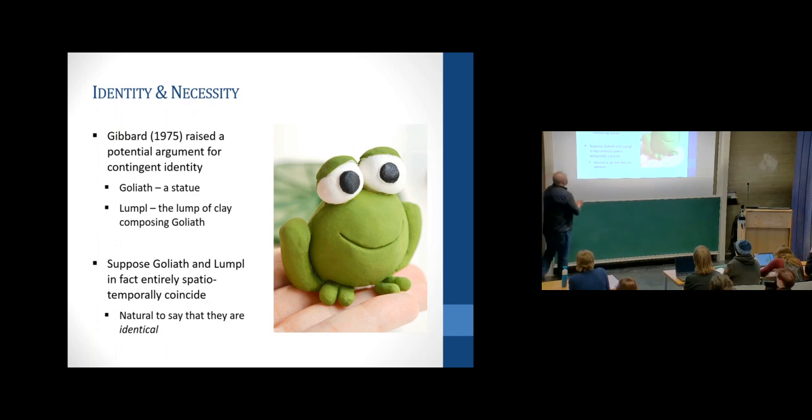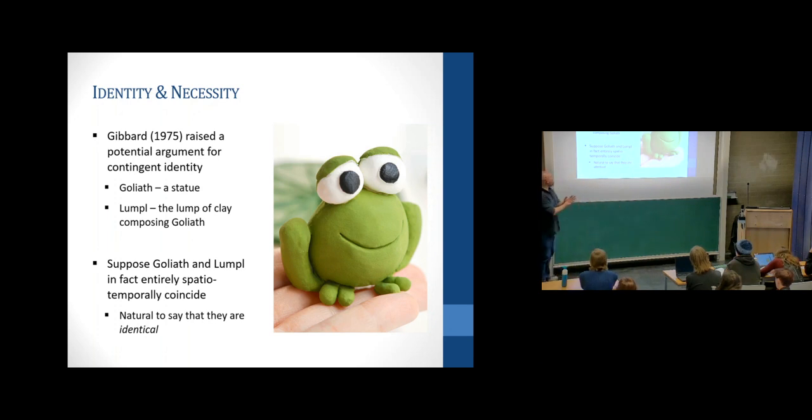Now here's something weird, but just spot it. Suppose that Lumble and Goliath, in fact, spatiotemporally coincide entirely. From the moment of their creation to the moment of their destruction, they were always thus.